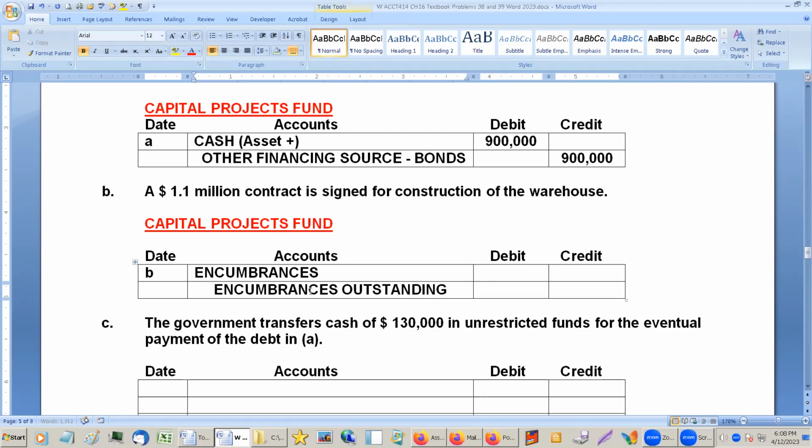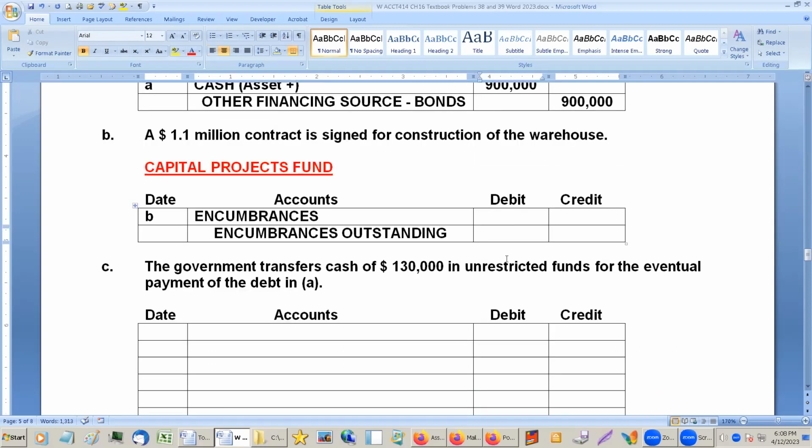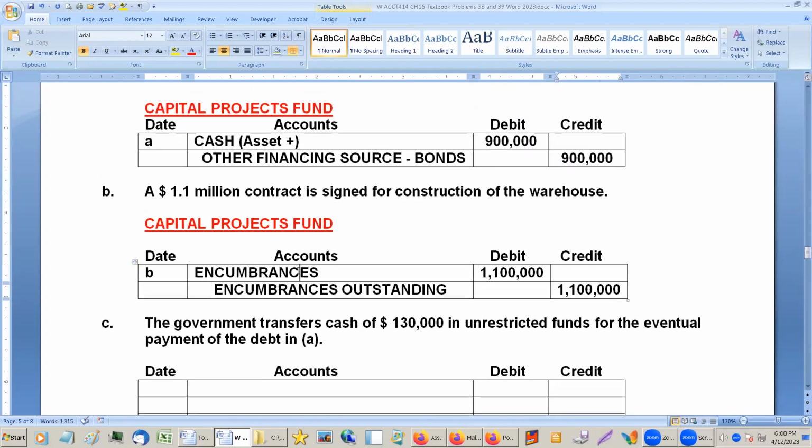They do not go on the financial statements. 1 million. So we put our hand on the money.